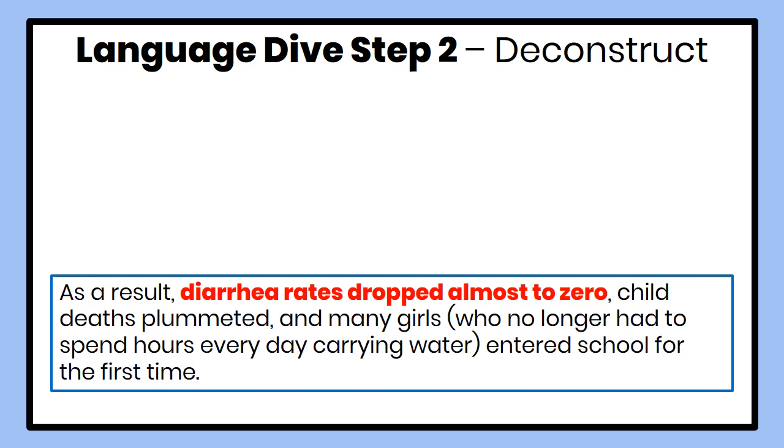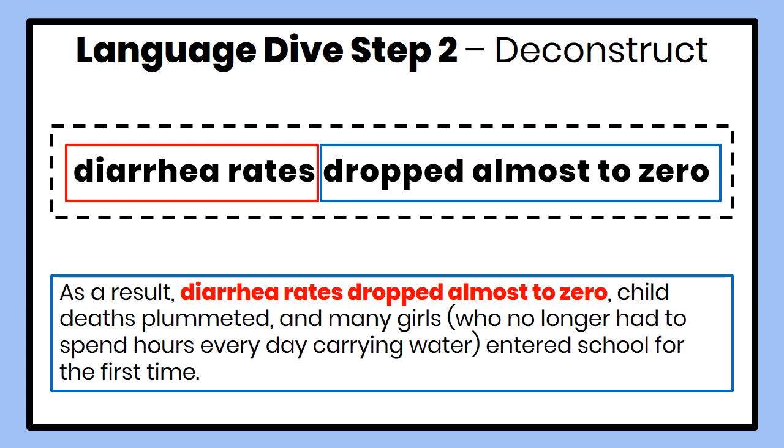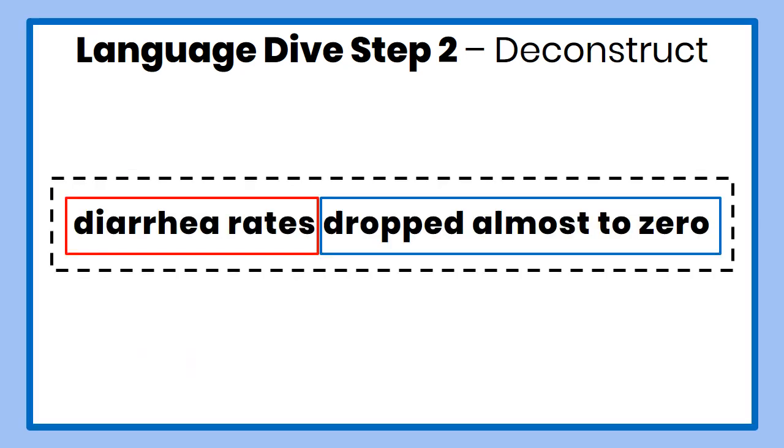Let's look at our next chunk. Diarrhea rates dropped almost to zero. We're going to look at this chunk in 2 parts. Diarrhea rates and dropped to almost zero. Diarrhea rates.